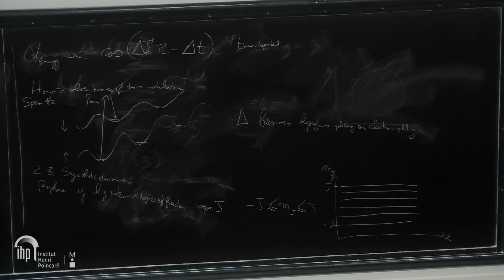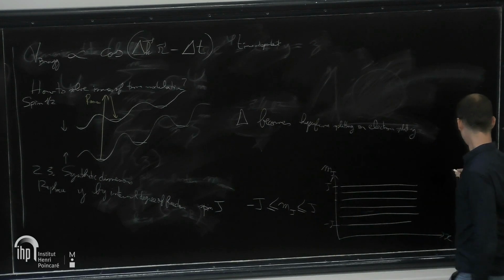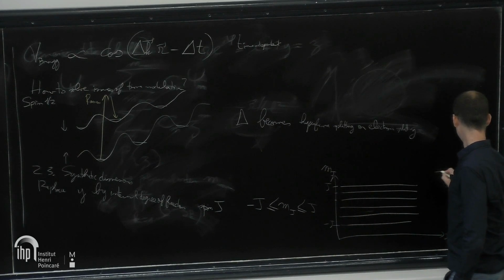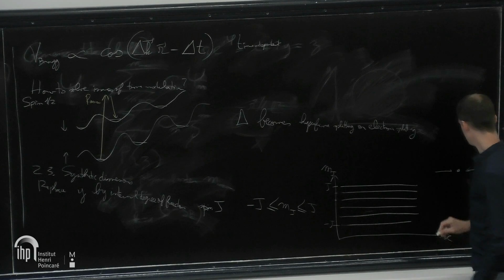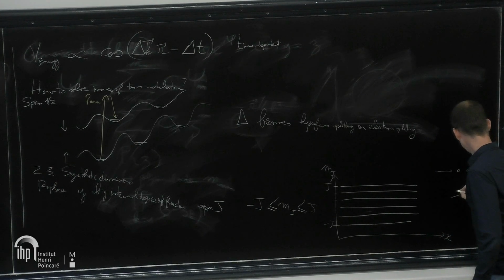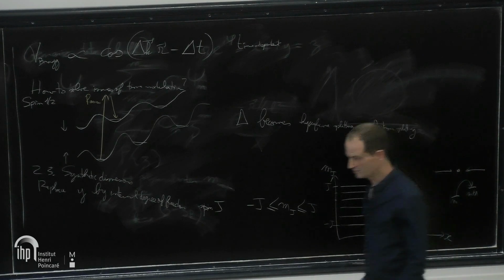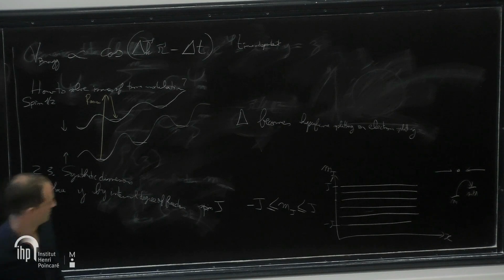So then it's very easy in this system to engineer a magnetic field. We just need to make a Raman transition. I already introduced what it is. A Raman transition with two counterpropagating lasers that transfer the atoms from m to m plus 1. So this drives the dynamics along the synthetic dimension.